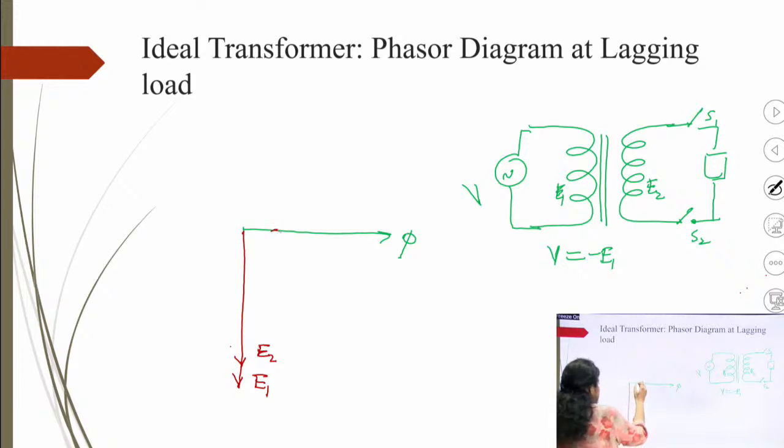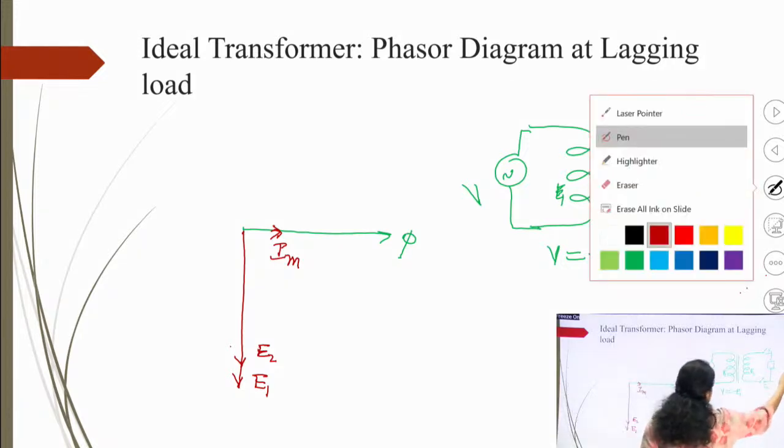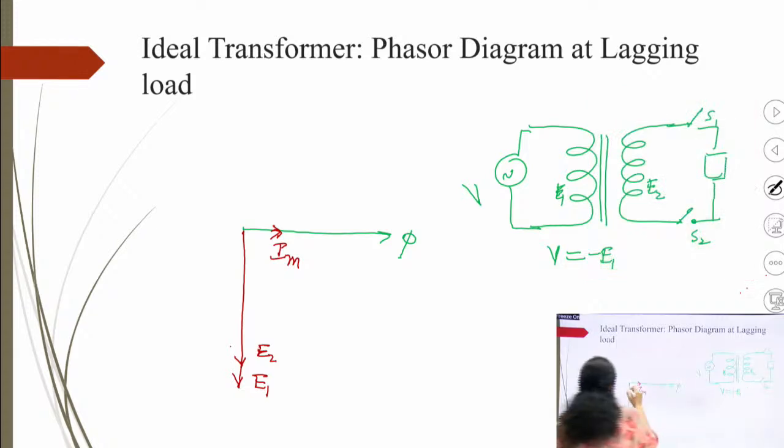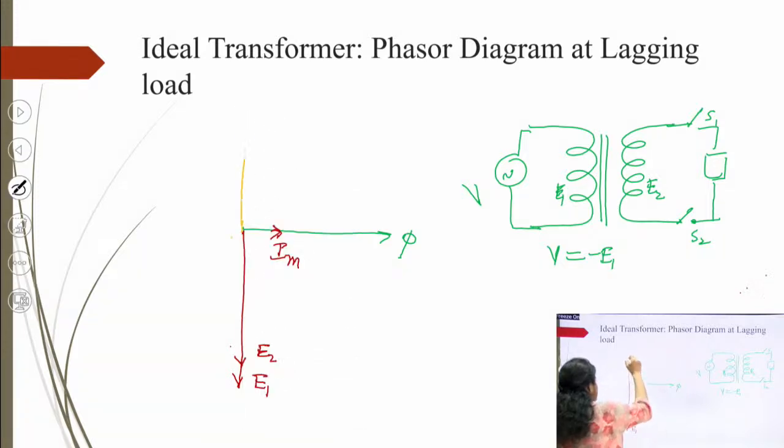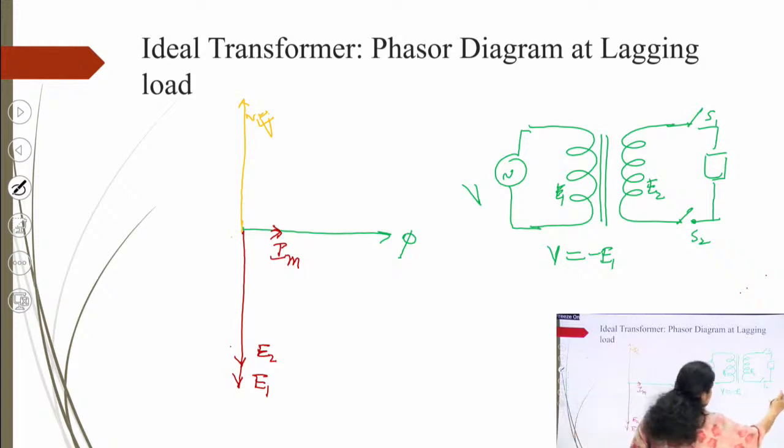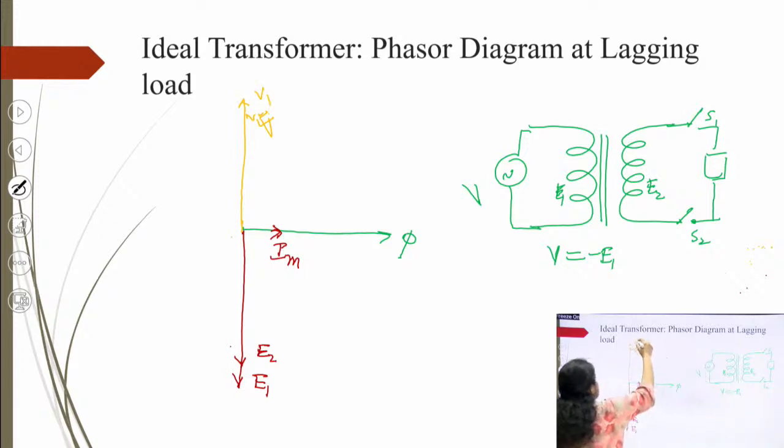Now Im will be there, this is Im, and the voltage is there, right? Because this E1 must be equal to V1. You apply KCL here, so V1 will be equal to minus E1, right?